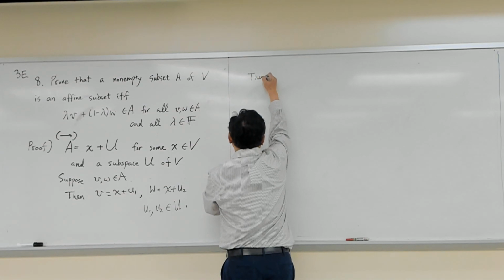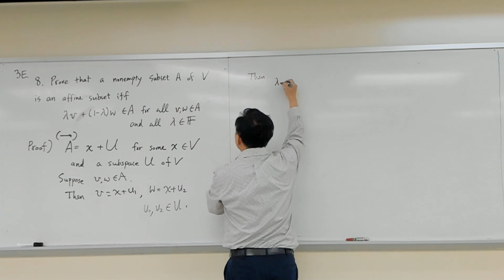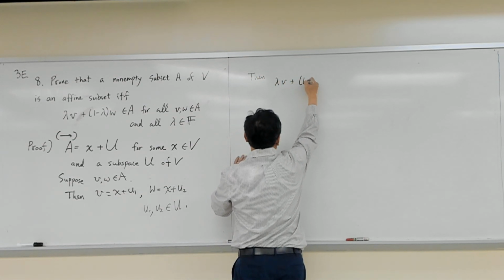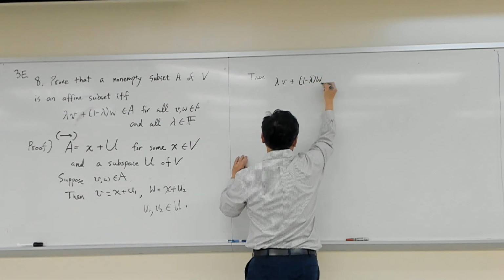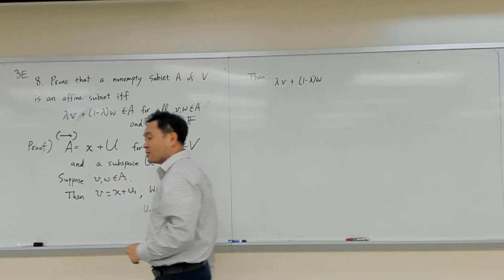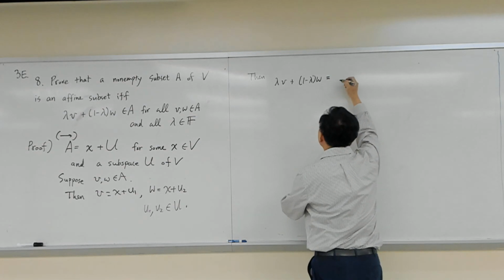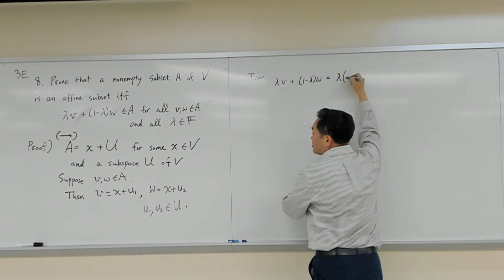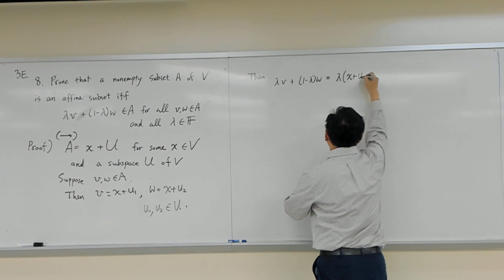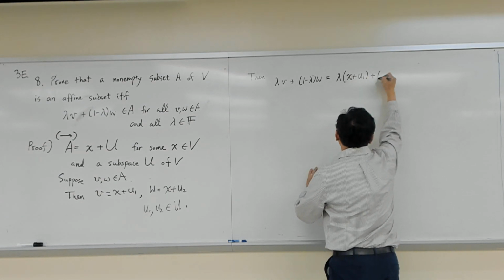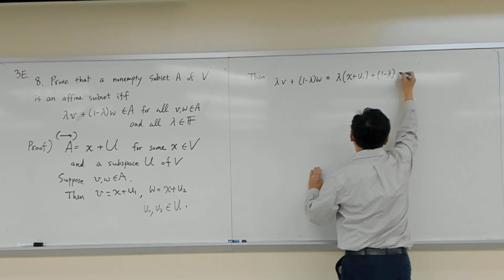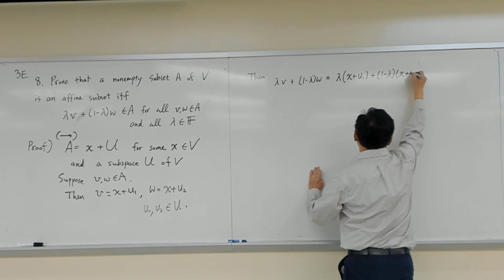Then lambda times V plus 1 minus lambda W. Yeah, so we just plug in what we have. Lambda times X plus U1 plus 1 minus lambda times X plus U2.